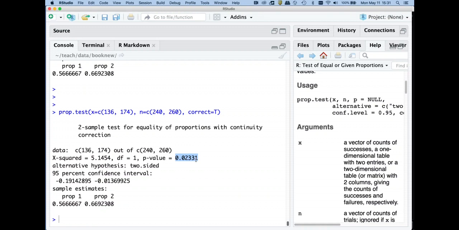There are actually some exact tests that we could do, like the binomial, but we're not going to cover that in this class. We come to the same conclusion. They're both, to 1 decimal place, equal. 0.0182 rounds to 0.02, and this rounds to 0.02. So they're pretty close. They lead us to the same conclusion. I would trust the one with the continuity correction slightly more, but we're getting about the same answer. So that's an illustration of the z-test for the equality of two proportions coming from independent random samples.